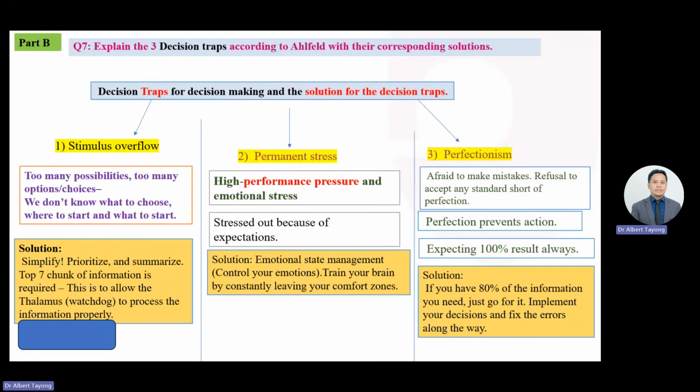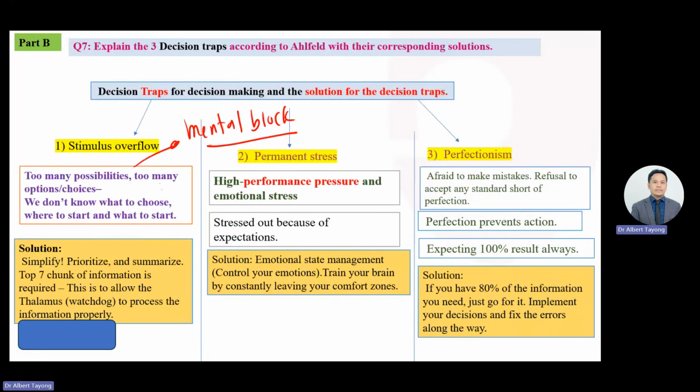You don't know what to choose, what to do, where to start, and what to start. So actually, it blocks your thalamus, it blocks your brain. Somehow, it paralyzes your brain. We call this a mental block, because of too many options.